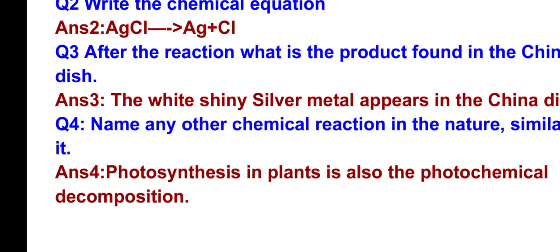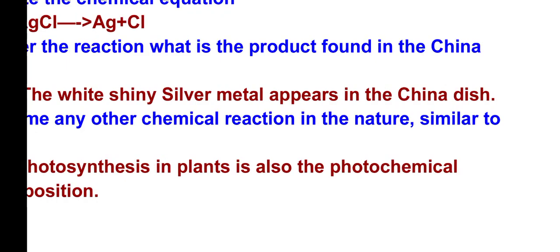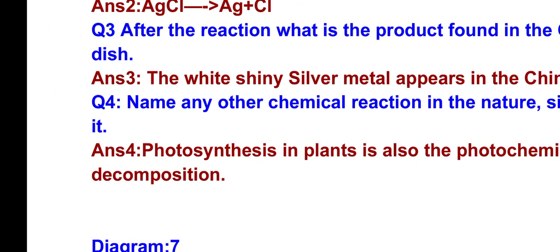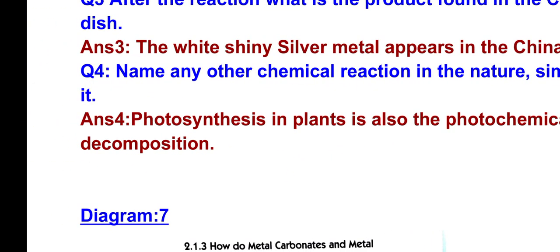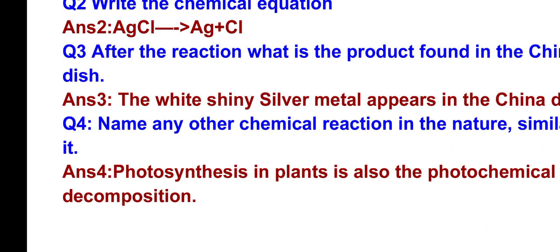Now after the reaction, what is the product found in the china dish? In the china dish, the white shiny silver metal will appear as the chlorine, being gas, escapes from the reaction mixture.